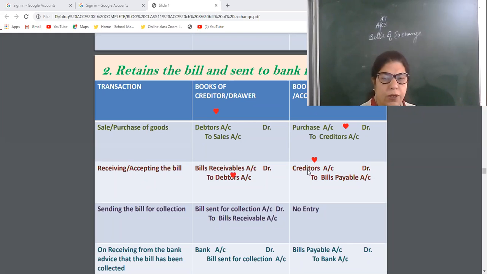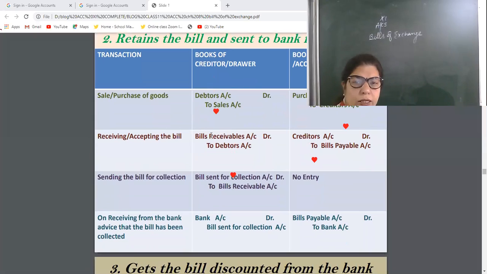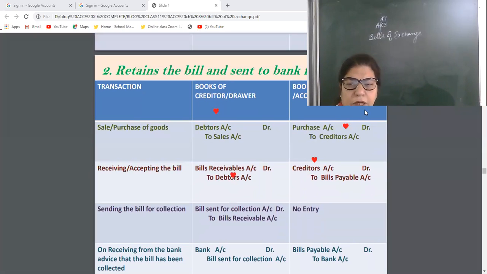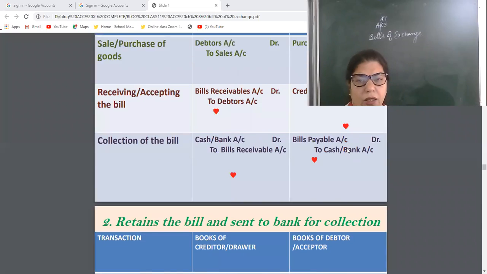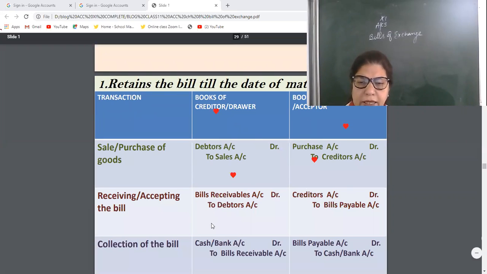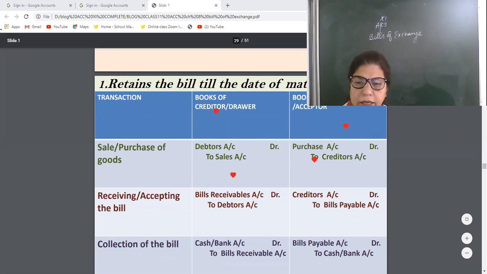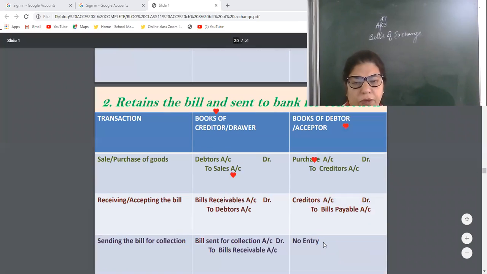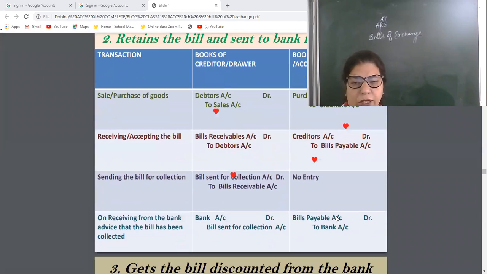Okay, so see again. Debtors to sales, purchase to creditor, that entry will be the same. No need to explain it again. Bills receivable to debtor, drawer, and drawer to bills payable, that is also the same. These two entries will be the same in his book and his book every time. That is the easiest way I am telling you.